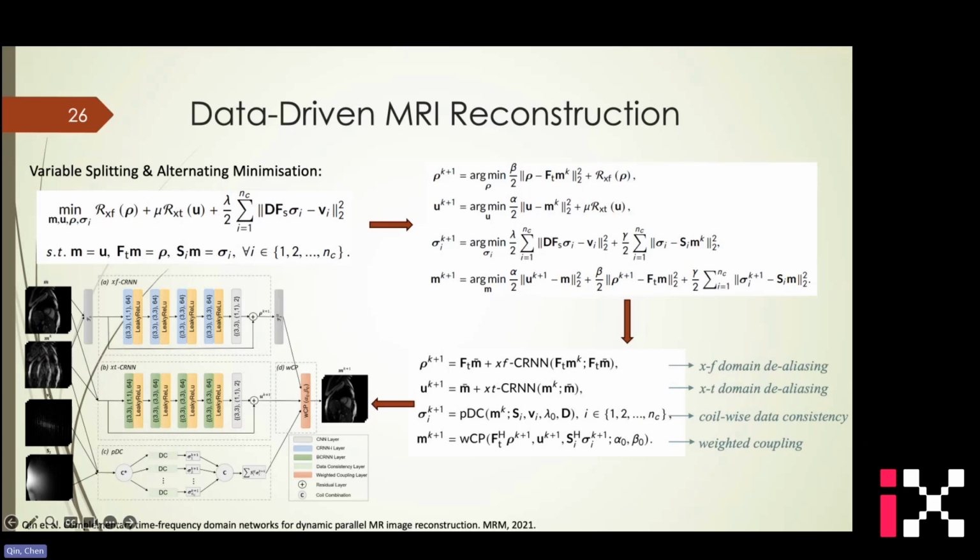And the last term, if we solve these equations, is a weighted combination of the previous three ones. And we formulate this in a deep neural network. Again, we have these RNNs to embed this in the XF domain, the XT domain, coil-wise data consistency, and the weighted coupling of these. And we train in a similar way as we did earlier.